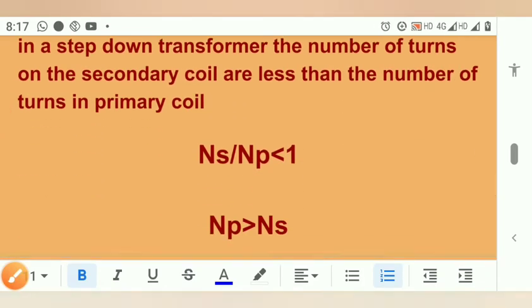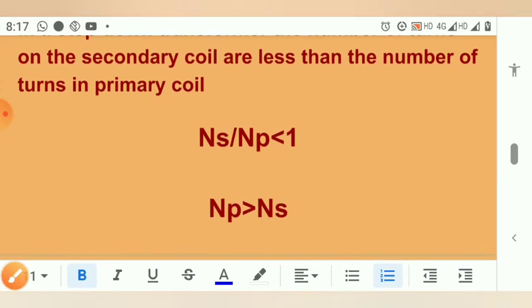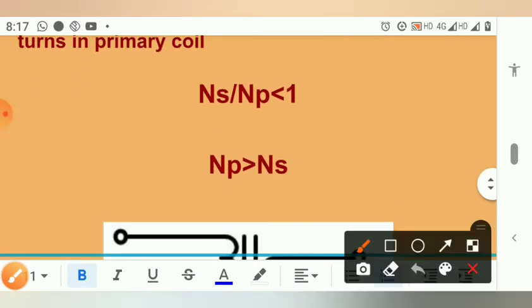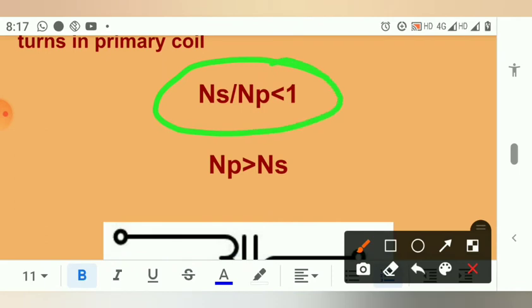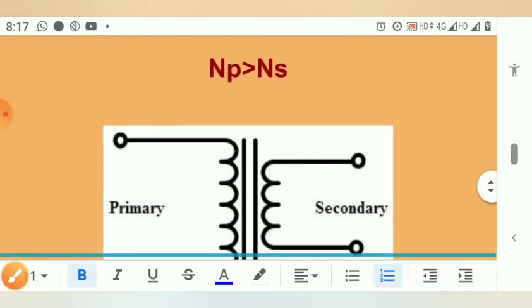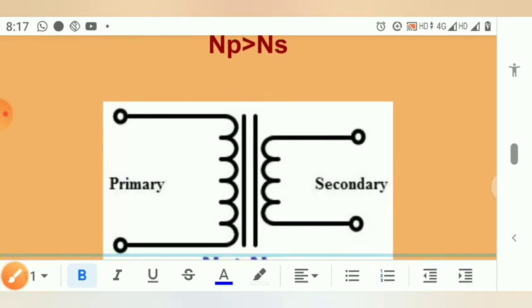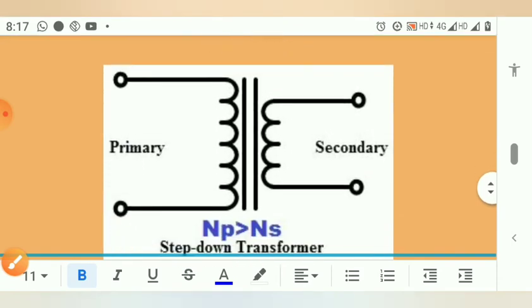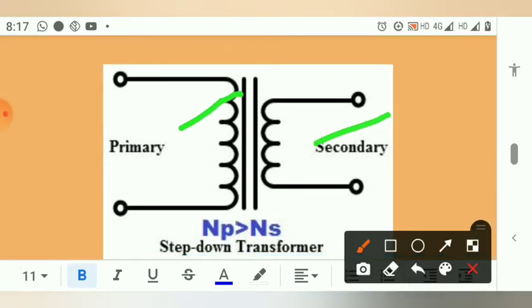Now the important thing is you must know the ratio. Here Ns by Np means the number of turns on the secondary to the number of turns on the primary. This is primary and this is secondary.